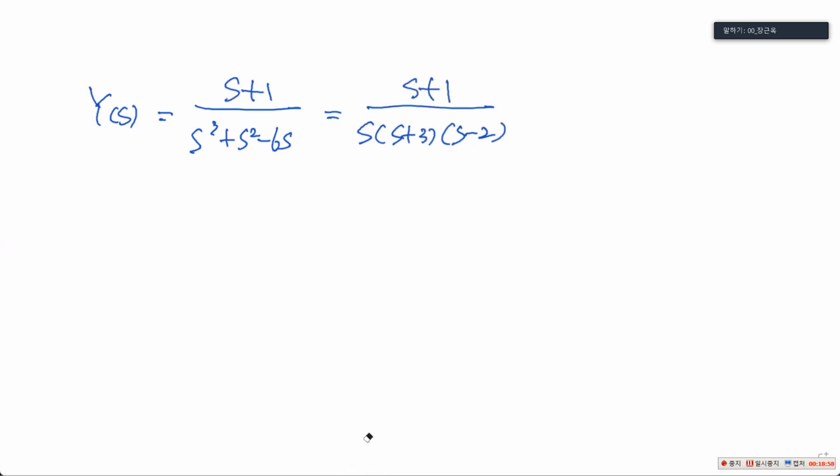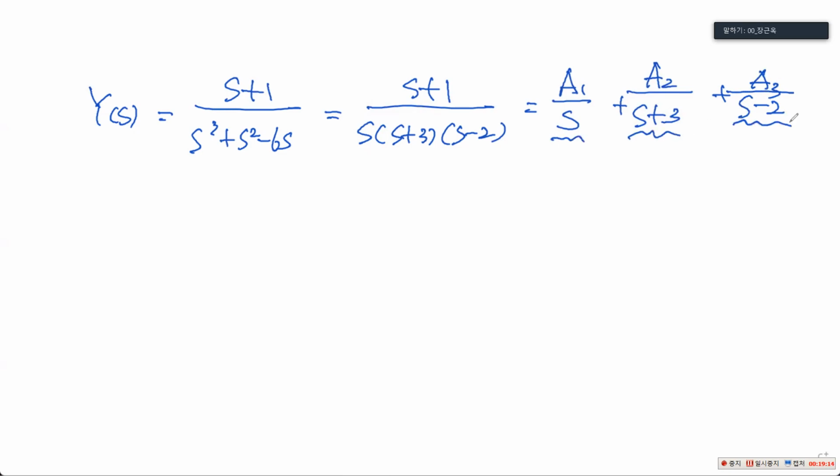So by partial fraction expansion, we can say, because inverse transformation of each part is very easy. Okay, so how can you do this?